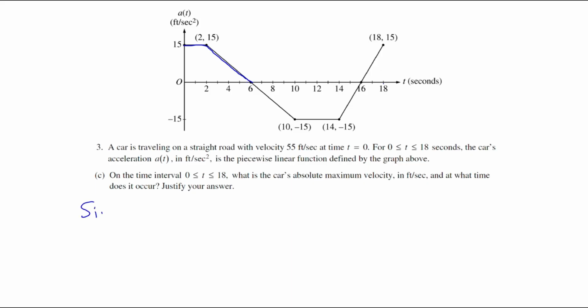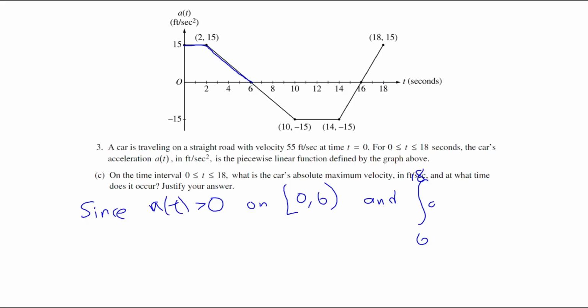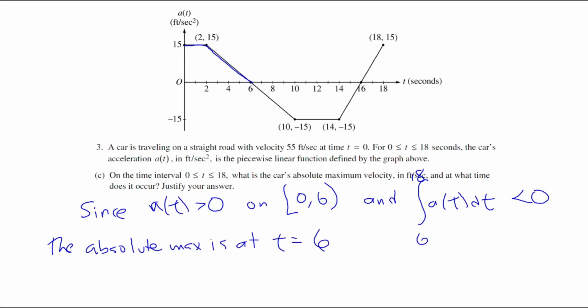So we could say since a of t is greater than 0 on 0 to 6, and the integral from 6 to 18 of a of t dt is less than 0, we can be guaranteed that the absolute max is at t equals 6.